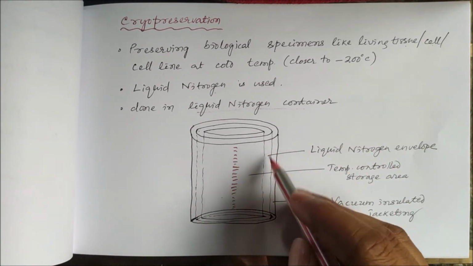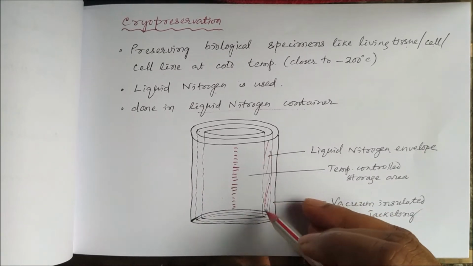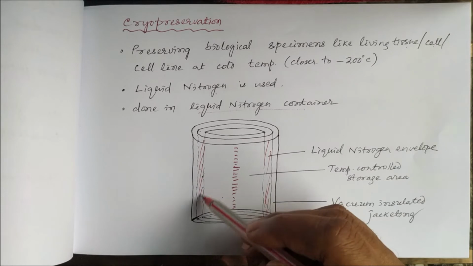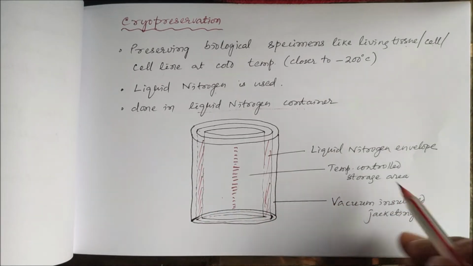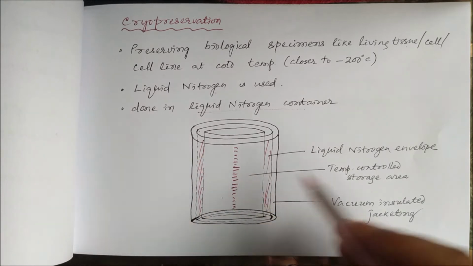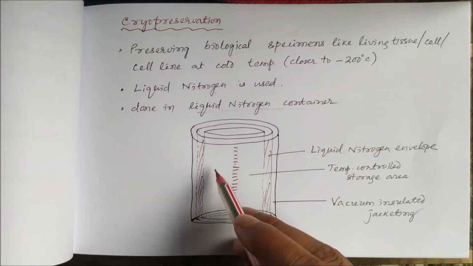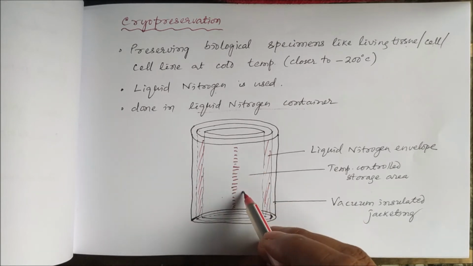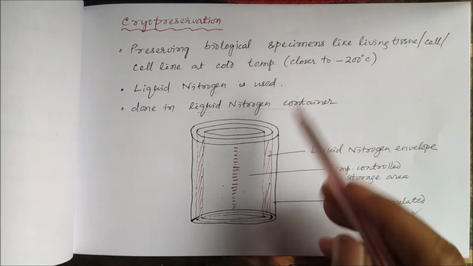This liquid nitrogen will provide the temperature, and outside there is a vacuum insulated outer layer, the jacketing. Inside is the temperature controlled storage area where the biological specimens are kept.